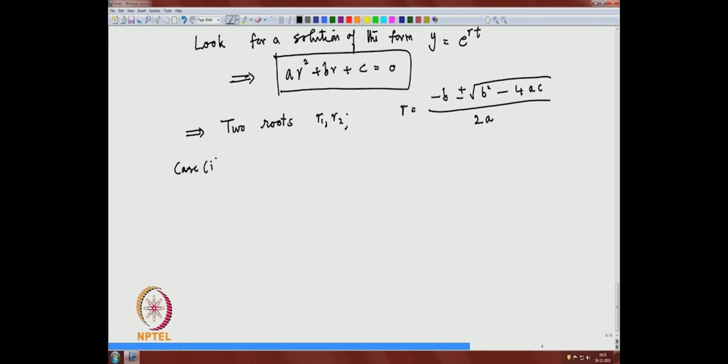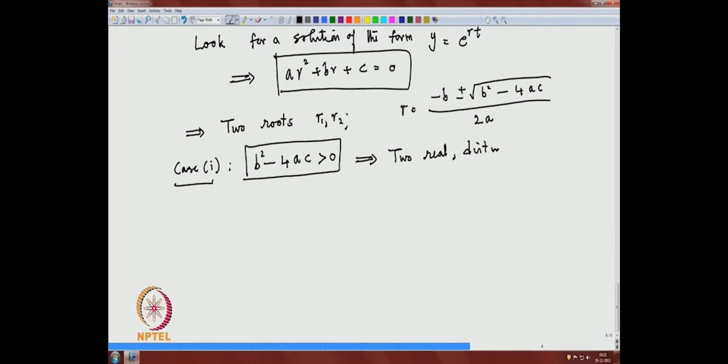Case 1 is the easier case, for b square minus 4ac positive. In this case, two real distinct roots, that is very important. If it is not distinct, you do not get two solutions.